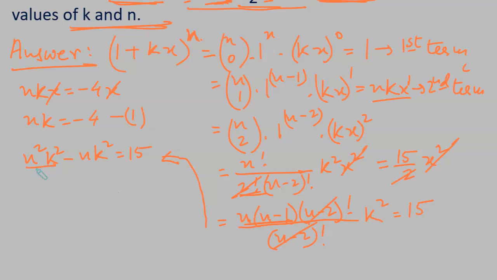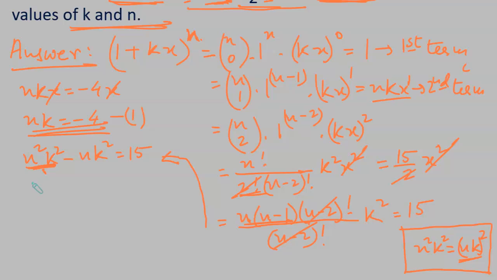And n square k square can be thought of as, let me write over here, n square k square is equal to nk whole square. This is not having much space, so n square k square can be thought of as n times k whole square. And what is n times k? N times k is equal to -4.